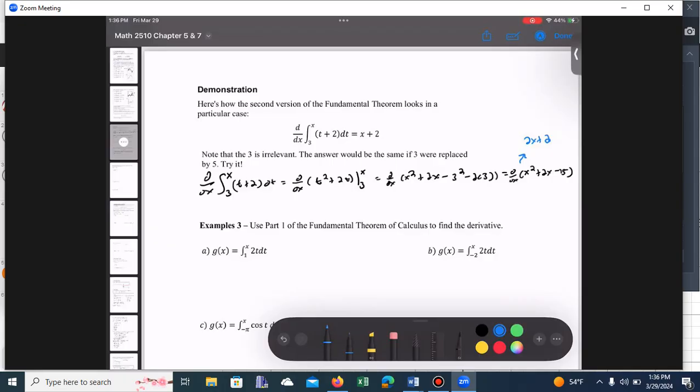Okay, I see. I didn't take the antiderivative correctly. I forgot to divide that by 2. And then this is divided by 2 as well. So let's correct this.